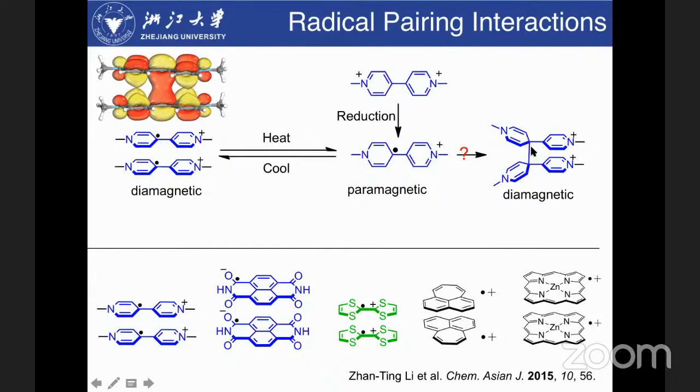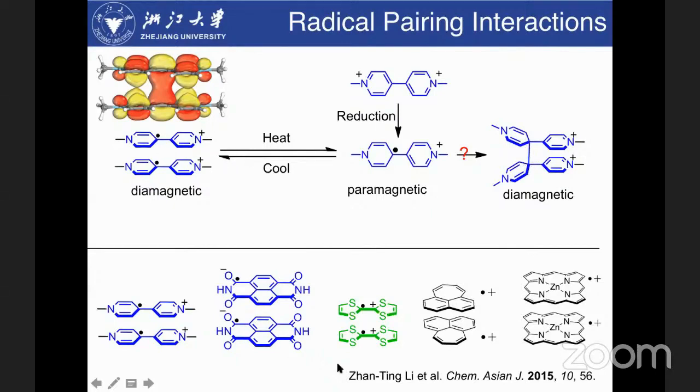However, after we got a single crystal, we know that this is not true. The truth is that the SOMO orbitals of the radicals undergo pi-pi stacking, so as to undergo spin pairing. This is because in the covalent bond formation we destroy the aromaticity, and in this form we can keep the aromatic compound.